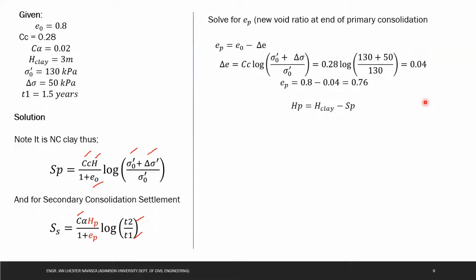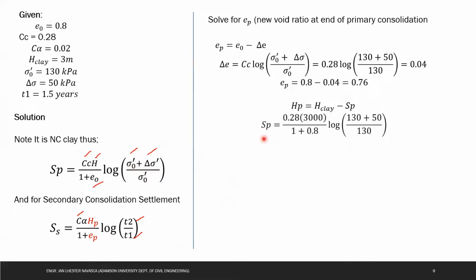Now, what is H sub P? What is the thickness of the clay layer after the primary consolidation settlement? It is simply the thickness of the clay layer minus your S sub P. Since our soil is normally consolidated, we have this formula.